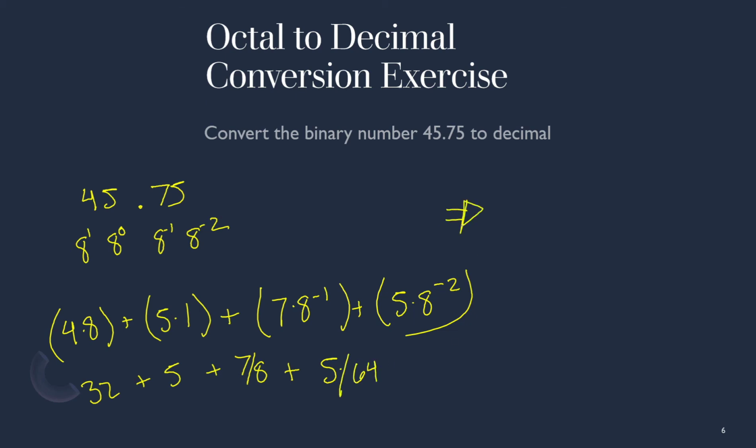We'll figure out what this value is: 37 plus 7 over 8 plus 5 over 64. So 45.75 in octal form is 37.95 in decimal form.